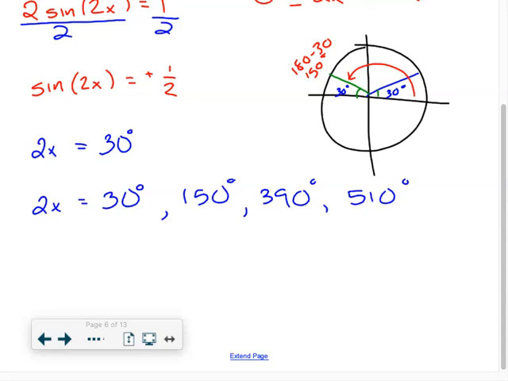Once we're at this point, now we can go through and isolate x, where we divide all angles by that coefficient of x. So in this case, it's 2.